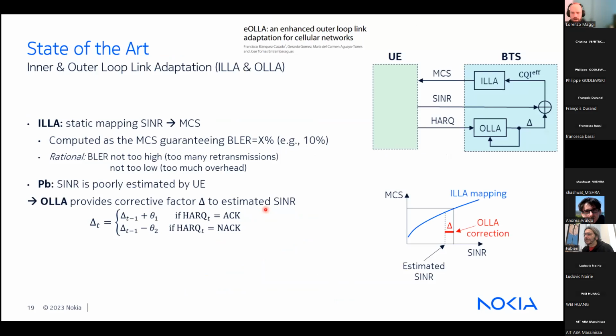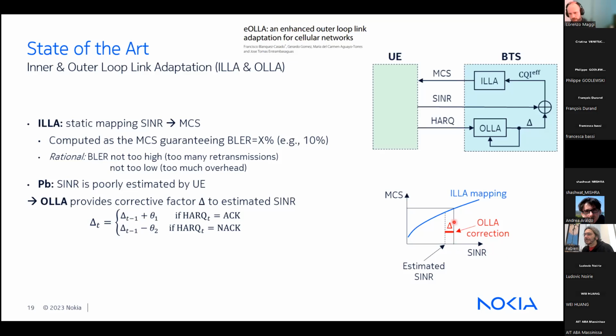So the state of the art, which dates back probably more than 20 years ago, is something that works very well in practice, which is this inner and outer loop link adaptation. ILA for inner, OLA for outer loop. So basically, what you have is two things. This ILA, inner loop, is nothing more than a lookup table.